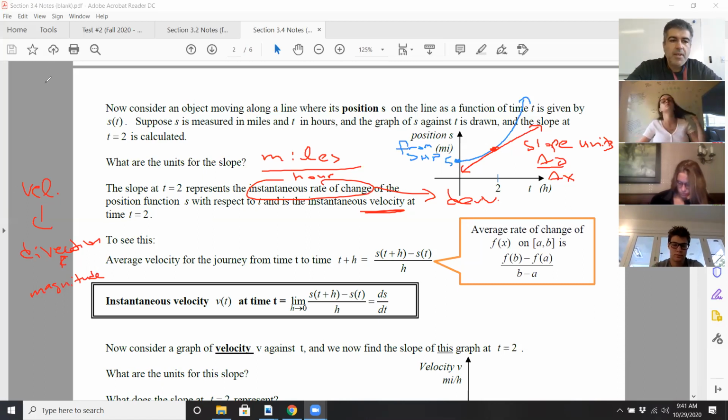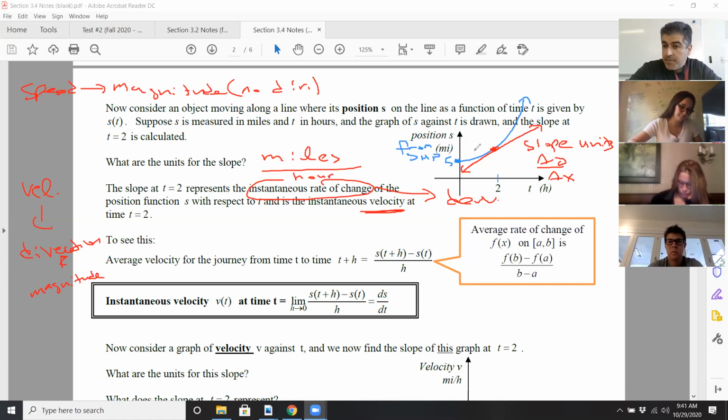So just so you know, speed is just magnitude, no direction. But velocity has direction. So for example, my velocity could be negative if I go in the opposite direction. So that's why we tend to use velocity for derivatives of a position, because they involve direction. But I'll get into all that stuff a little later.